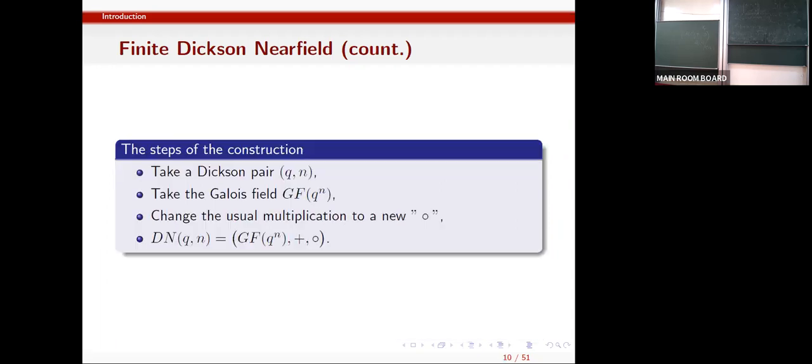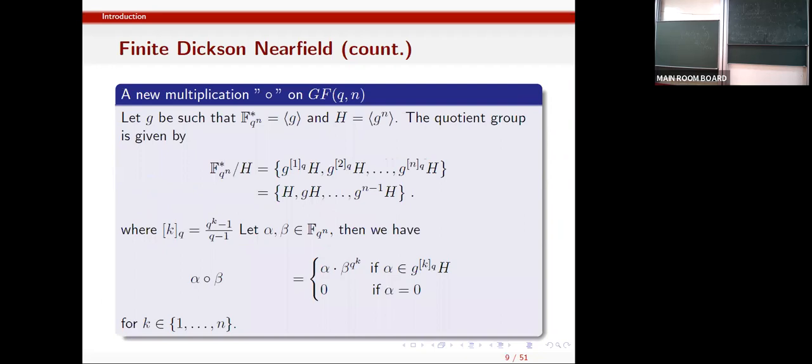And then it forms a Dickson near field with a specific generator. Here I need to add that this Dickson near field is from a specific generator. Maybe I will write a superscript g, because of the finite field that's generated by g. Okay, so that is how we classify all the finite Dickson near fields.